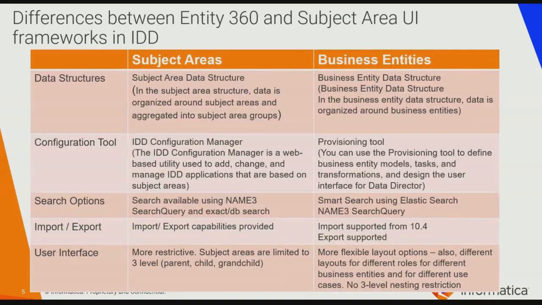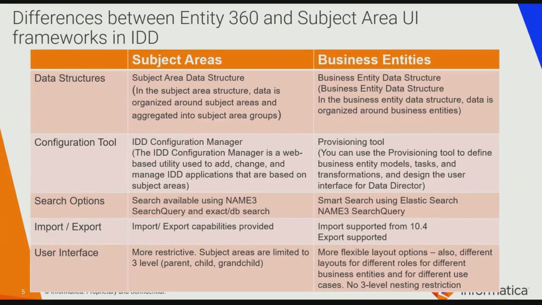Business entity data structure: data is organized around business entities. A business entity is a tree of nodes where each node represents a base object in the MDM hub. The root node is synonymous with the base business entity. For example, a business entity with a person root node is considered to be a person business entity.